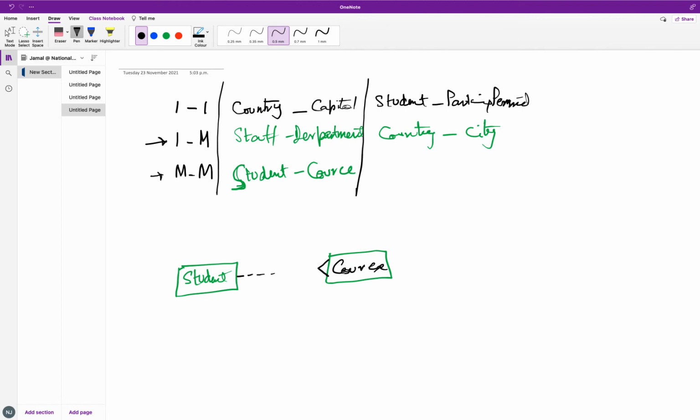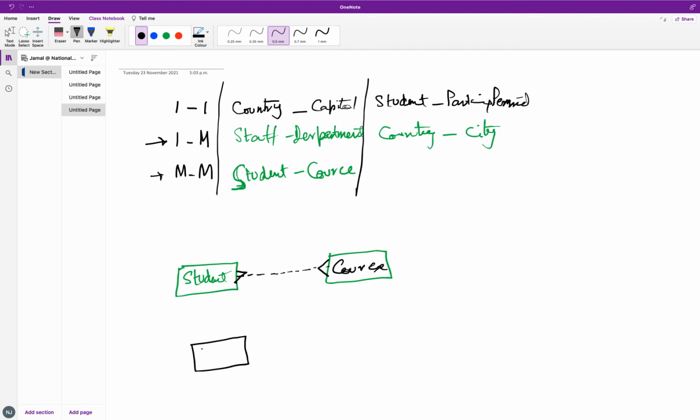Each course may have one or many students. So this sort of relationship is many to many. We have to resolve this, okay? Just remember that in your final exam, if you make a relationship many to many, you have to resolve it, okay? And to resolve it is very easy.